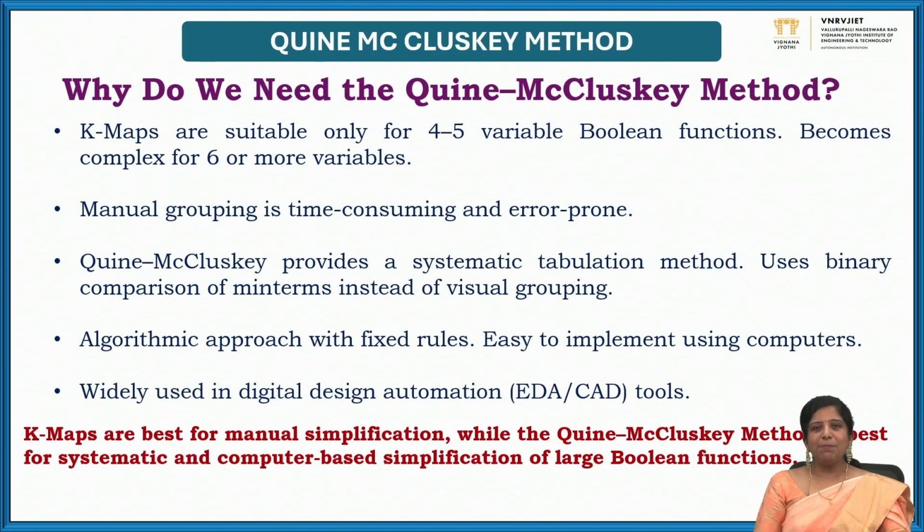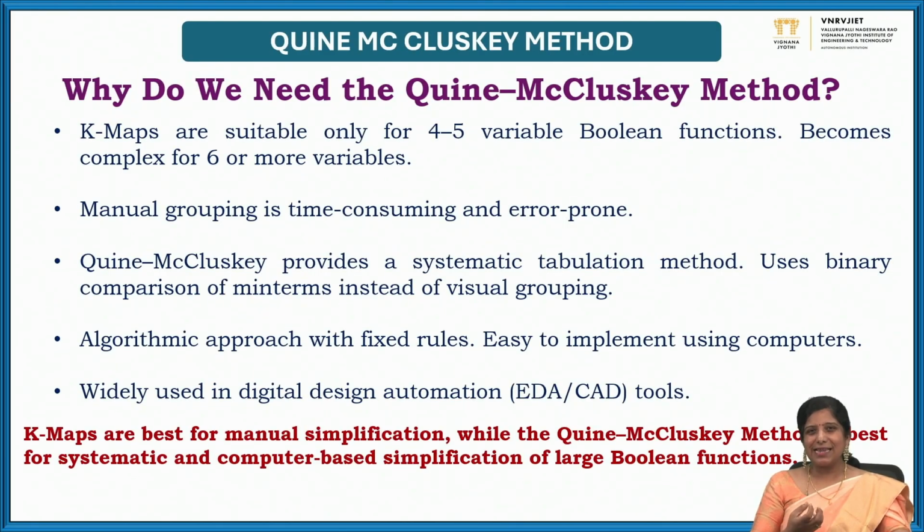Why do we need the Quine McCluskey method? Already you have studied K-maps. These are suitable only for 4 to 5 variable Boolean functions. For example, if we go for a 6 variable K-map, the number of cells required is 64 cells. You have to draw the K-maps, and after representing the minterms, you have to group the cells.